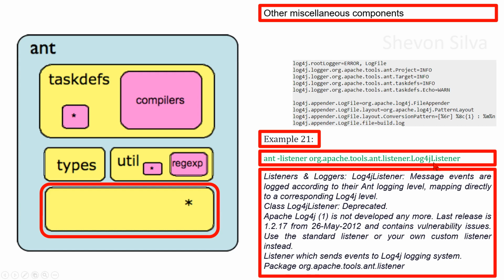Apache log4j is not developed anymore. The last release is 1.2.17 from 26 May 2012 and contains vulnerability issues. Use the standard listener or your own custom listener instead. This listener sends build events to the log4j logging system. This is in the package org.apache.tools.ant.listener.